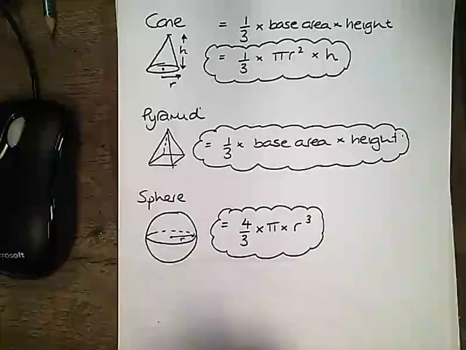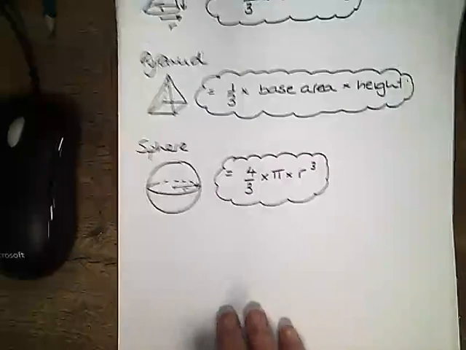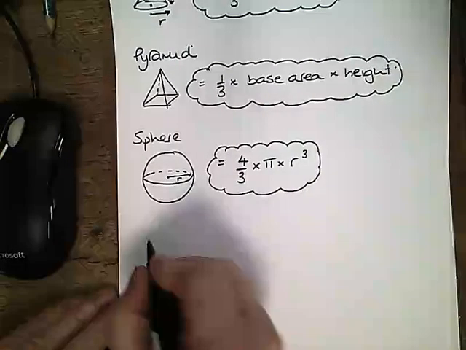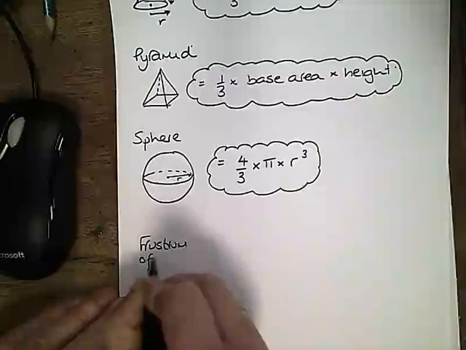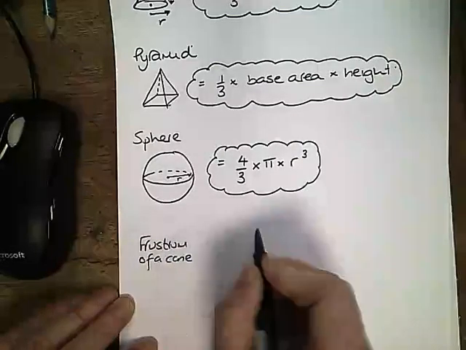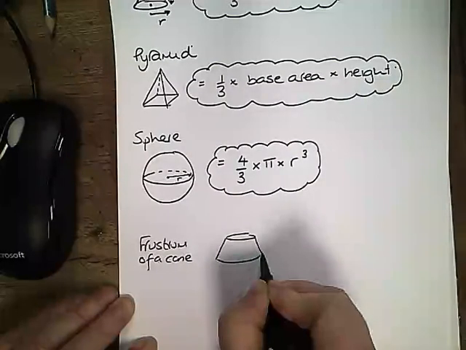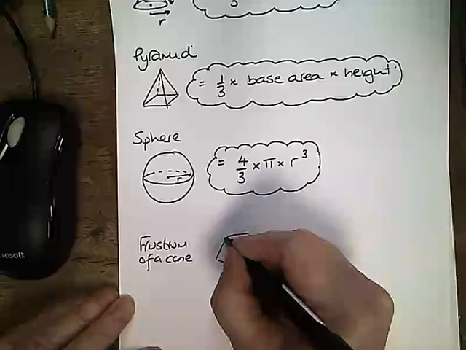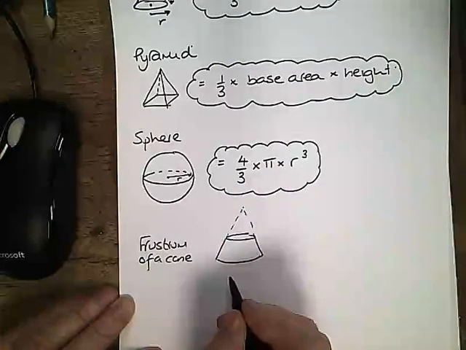And sometimes you have something with a cone, something that's called a frustum of a cone, which looks like this. And basically, it's a bit like a lampshade, isn't it? But it's basically a cone that's had the top bit of the cone chopped off.